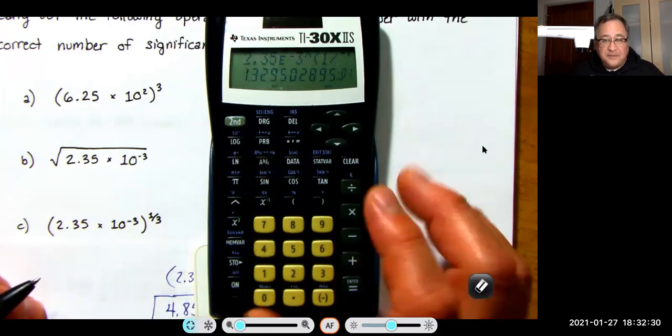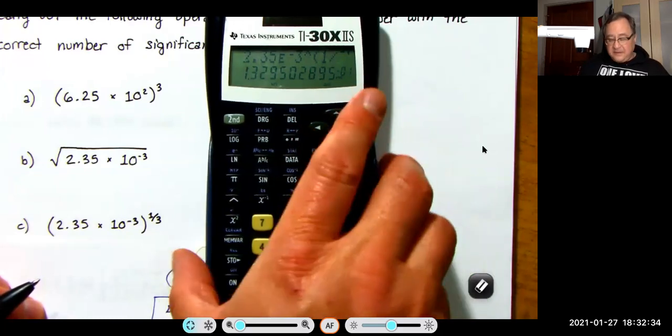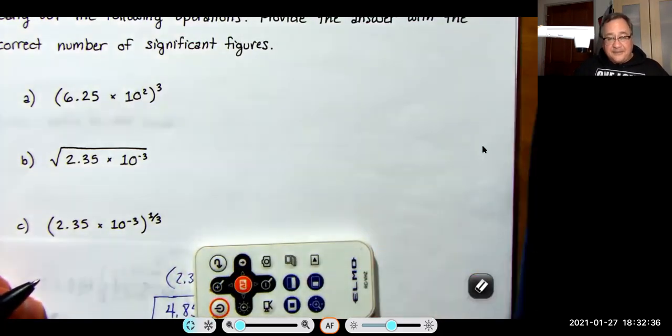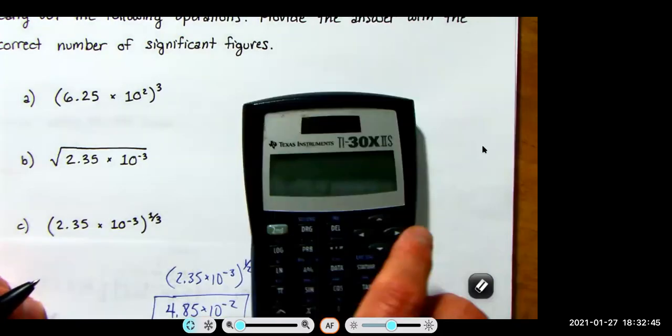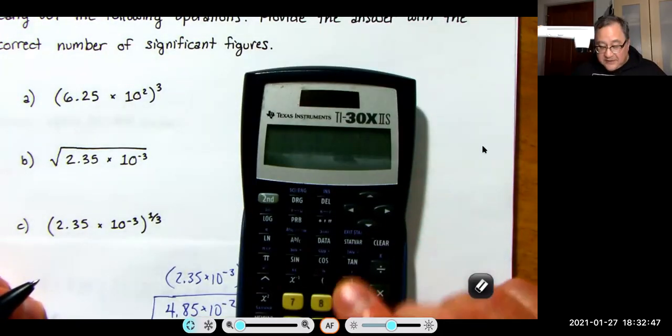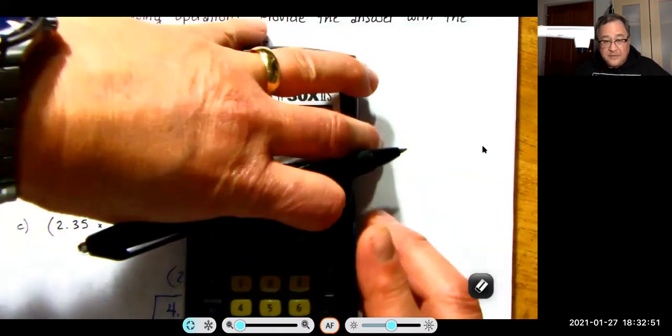Any questions on this one? Okay. There is a question. Izzy. I got something different. I got 0.13. You got 0.13, but take a look at my number in the calculator. You see that?